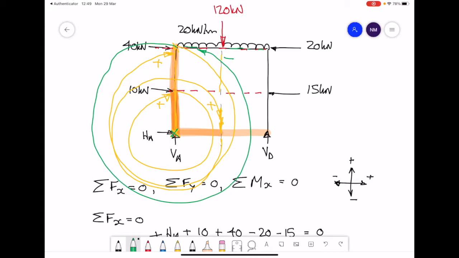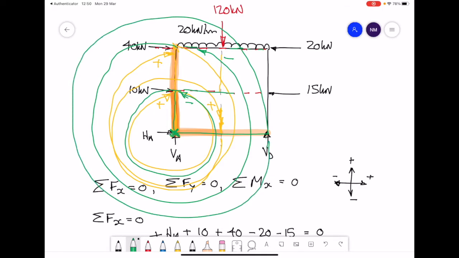Similarly with the 15 kilonewtons, if that were on a piece of string, you're holding it at point A, how would that rotate around? It would want to rotate in an anti-clockwise direction, therefore is a negative moment. Similarly with the reaction VD, it's on a piece of string, you're holding the end of the string at point A. How would VD want to rotate around point A? It would want to rotate in an anti-clockwise manner, therefore a negative moment.